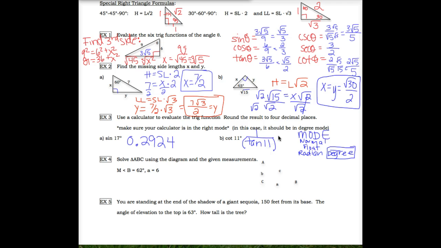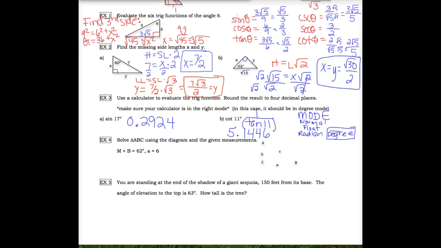Press 11, close both the parentheses, and then press enter. If you do not get the same answer as me, that probably means you didn't do your parentheses right. So try it again, putting parentheses around here, and see if that fixes it. If it doesn't, please see me in class so I can make sure you know how to press this in.